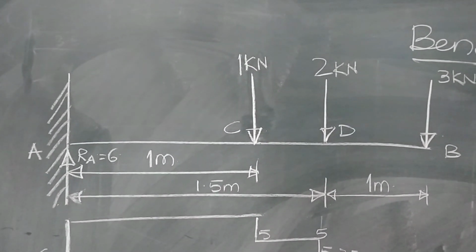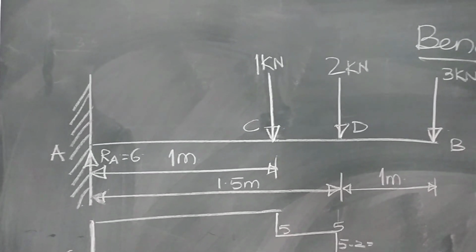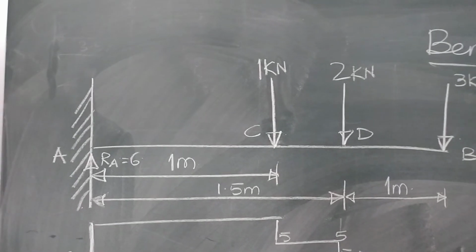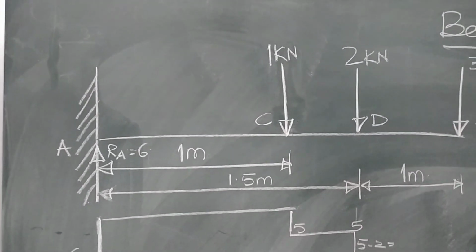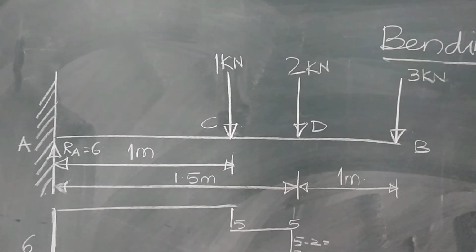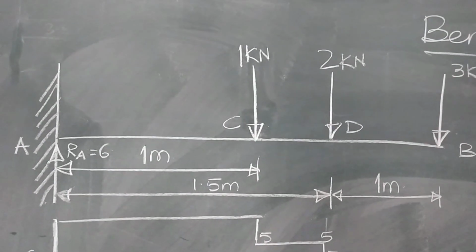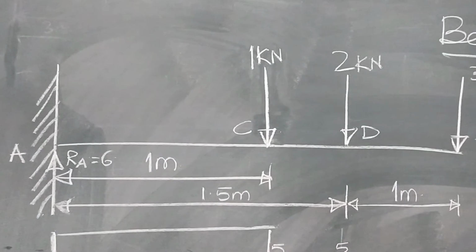end A. We have already solved this problem for shear force calculation, but now let us study it once again for bending moment calculation. Same example we have solved for shear force.